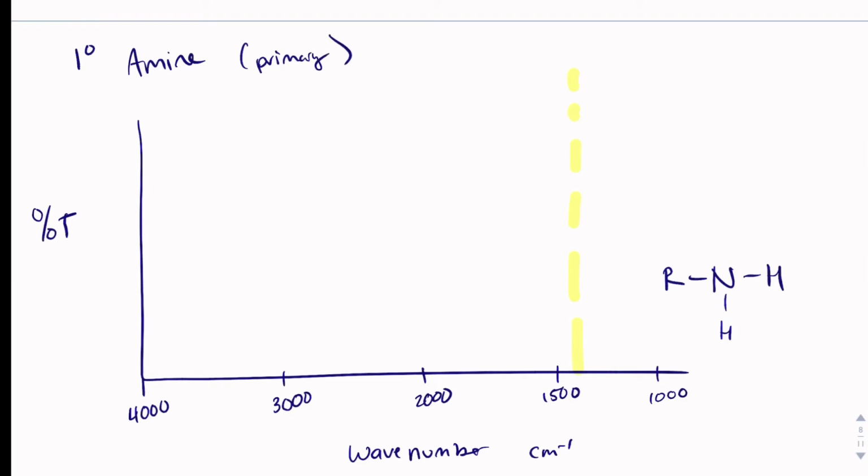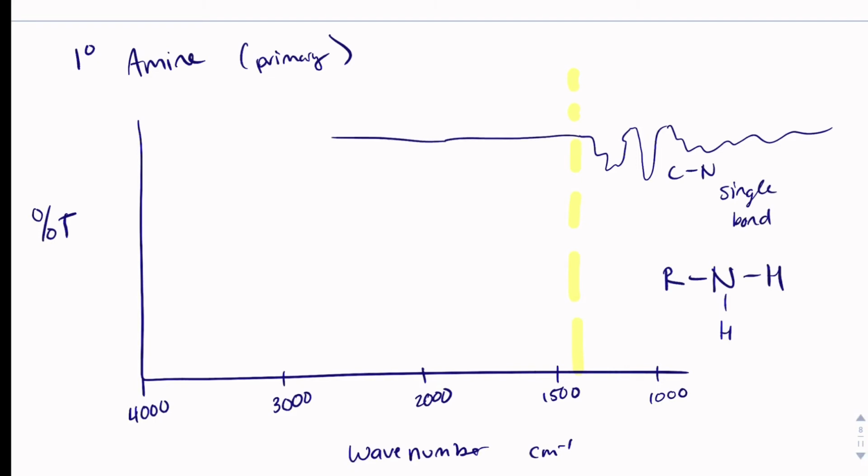We are probably around 1200 to 1300. Also going to have a CN. It'll probably be hidden. We're not going to worry so much about it. We're going to skip over our double bond, skip over our triple bond section. We will have alkane stuff as we do.